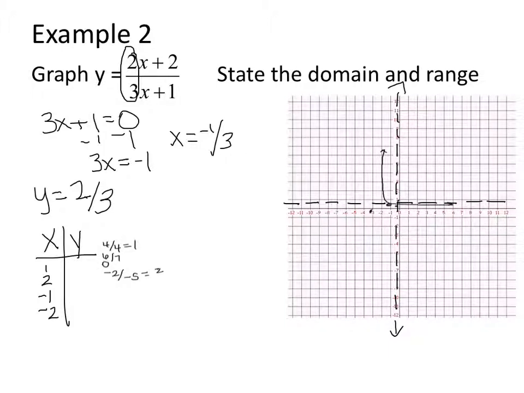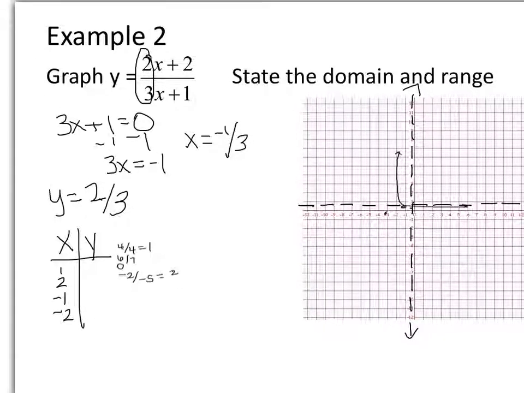And then negative 2, positive 2/5. I'm going to go over negative 2, and 2/5 is just barely above the y equals 0 line, not the asymptote. We're right up against the asymptote, but we never touch it because that's illegal. So that's what our graph looks like.